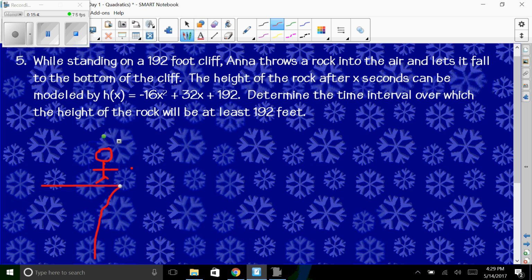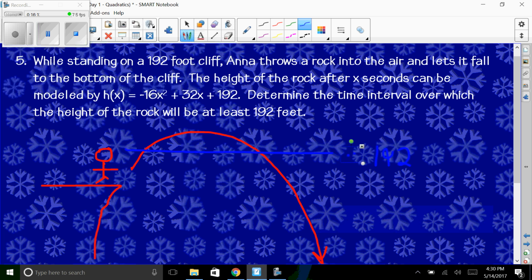So, drawing a picture-wise, you throw it up into the air and it lands here. Let's assume that right here, she got it up to 192. All right. So from here above, because it said at least, that means greater than or equal to.